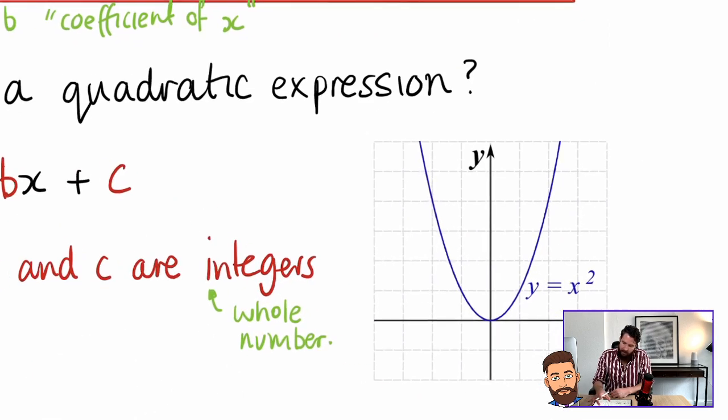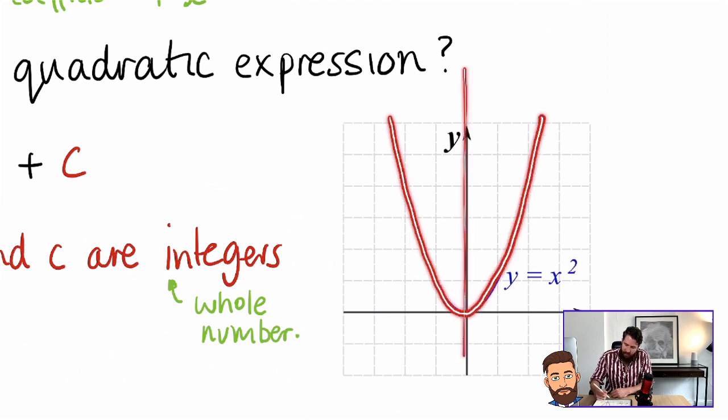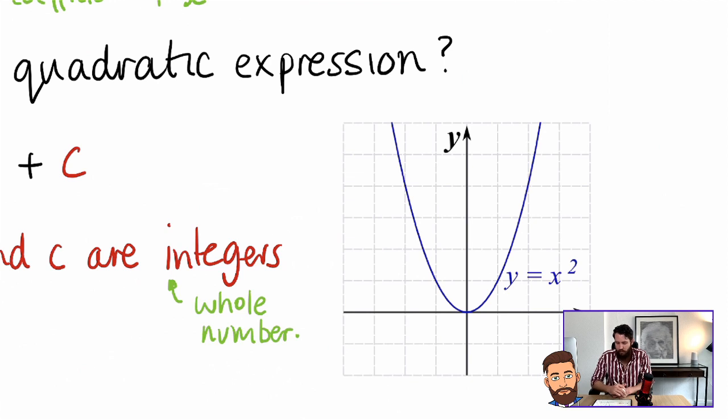So that takes us now on to, what does the graph look like? Well, the graph of a quadratic is a smooth curve that has symmetry. Okay, it is a smooth curve that has symmetry. We will do lessons on the quadratic curve and look at it in detail, but for today's lesson, all I need you to know is a quadratic curve looks like that.